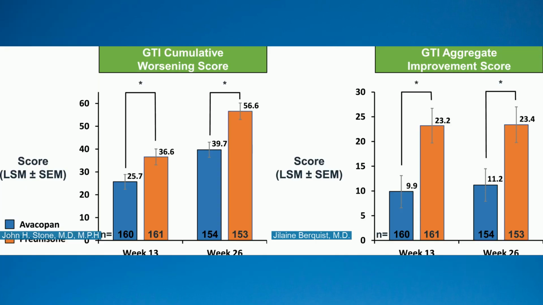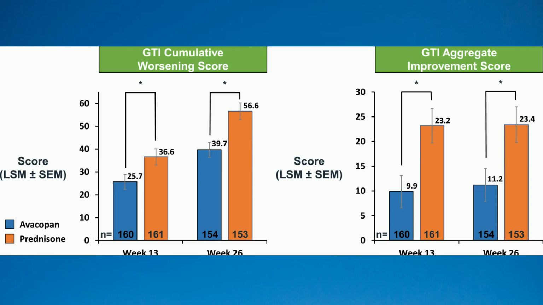In the primary outcome in the trial, which was remission induction at 6 months, avacopan was non-inferior to standard care. But with regard to the most important secondary endpoint of efficacy, reduction in steroid toxicity, avacopan was vastly superior to standard of care. And the GTI was essential in improving that.